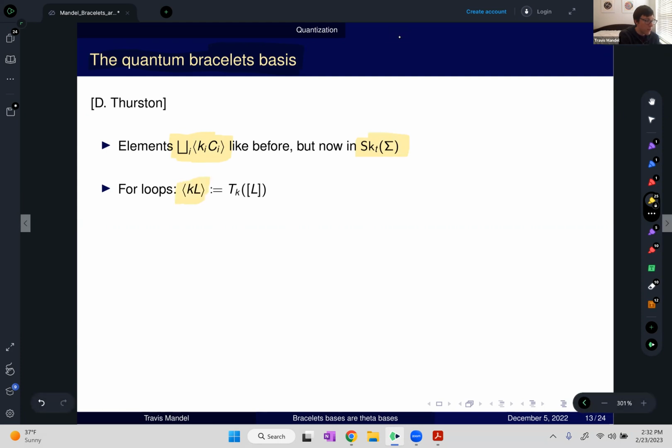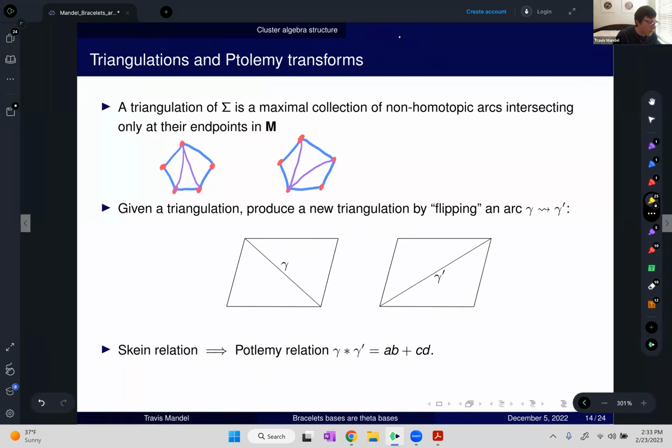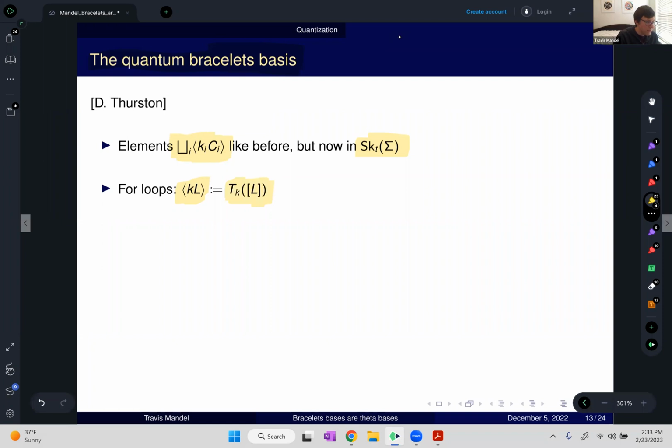For loops, wrapping around K times and closing up doesn't really work, but we can use this Chebyshev polynomial approach. We define this angled bracket K L to be the K-th Chebyshev polynomial of L. So these bracelet spaces and quantum bracelet spaces are what I want to see theorems about.